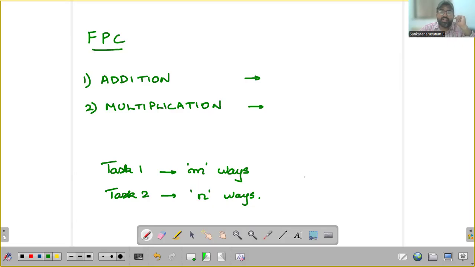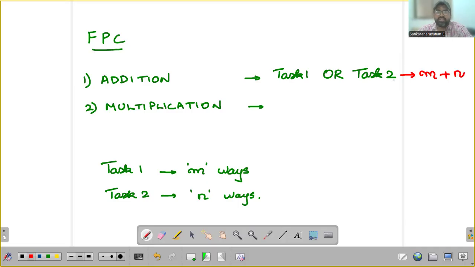Now suppose somebody asks you, in how many ways can you do task 1 or task 2? Listen carefully. Your answer will be m plus n.